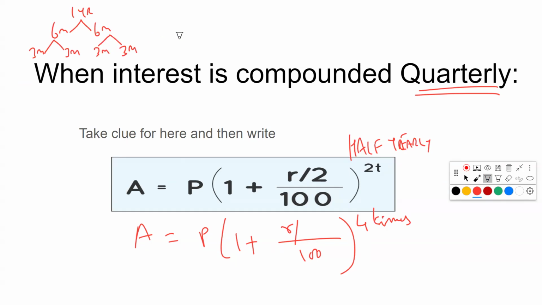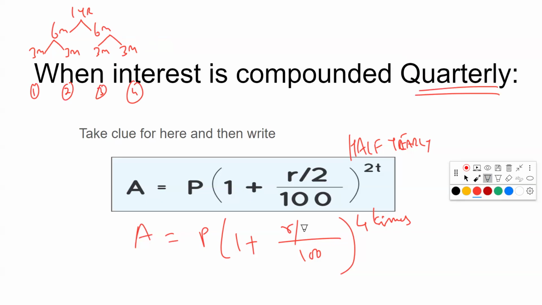So how many quarters are there? Boys, quarter here does not mean that quarter. Quarterly means 3 months. So at the end of 3 months, one calculation, another 3 months, one more, and one more. So in a year, you have 4 quarters, so you do it 4 times.